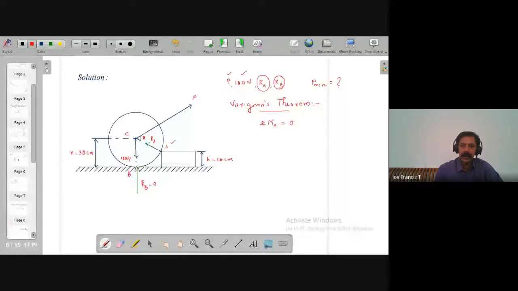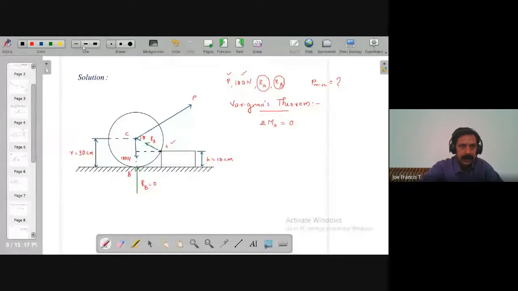You can write the moment equation now. Let's take forces one by one. Let's start from 100. This 100 Newton will have a moment at A. That will be 100 into its perpendicular distance. So you need to calculate the perpendicular distance. For that, I draw a perpendicular from A to the line of action of 100 Newton.